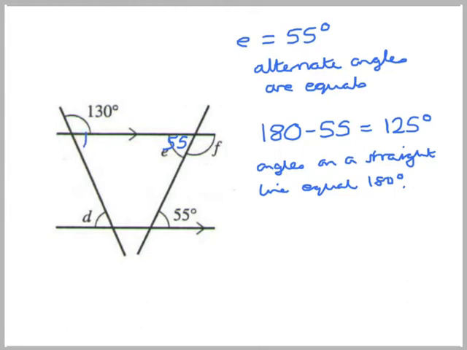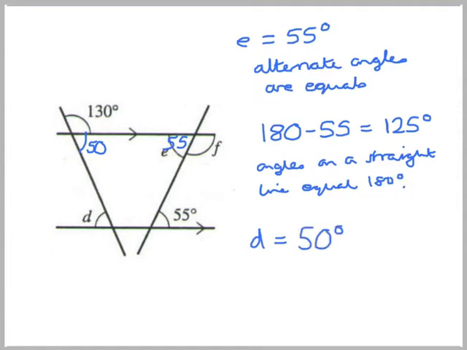So I know that this is an angle on a straight line, so I know this one here must be 180 take away 130, so this one here must be 50. And once I've got that, I know that this is my Z shape. So I know that D must be 50 degrees.